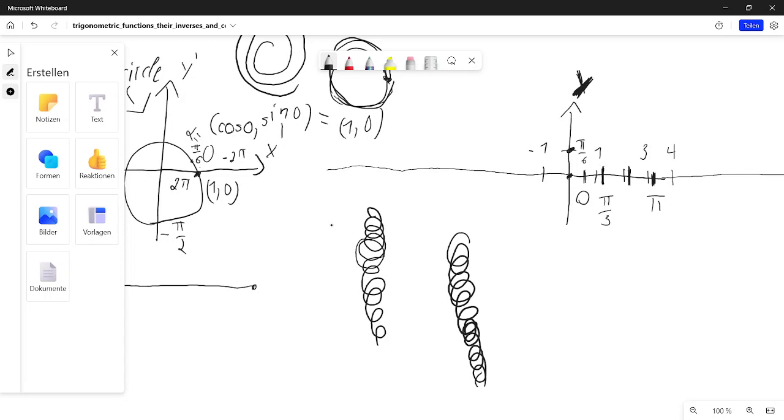And now the value at this point, well, we know what cosinus of pi divided by 6 was. It was square root of 3 divided by 2, right? If you don't know it anymore, then look it up in the previous lesson.